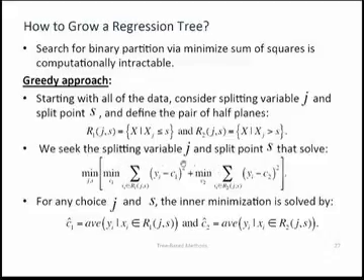The splitting variable j and the split point s will solve this equation, which is looking for the points that are going to minimize. In this case, it's written as residual sum of squares. Okay, but we just talked about purity and impurity. It's the same concept in classification. We want the proportion of points of a certain class to be well represented and high in these different regions.